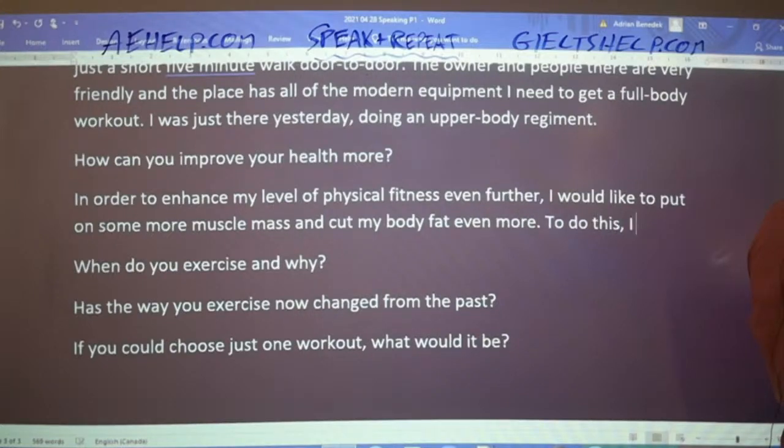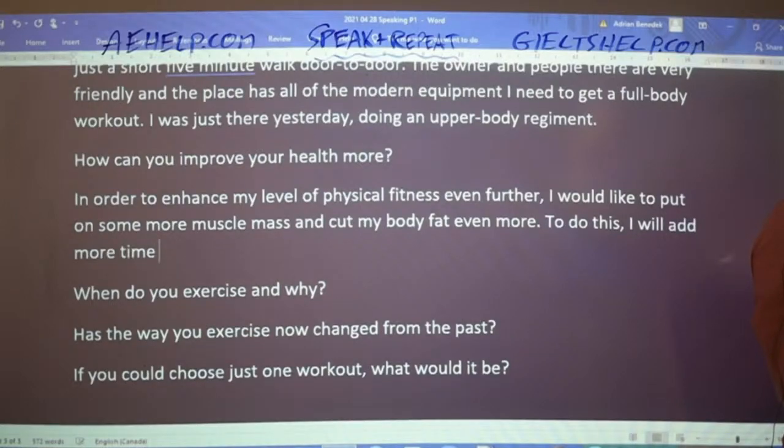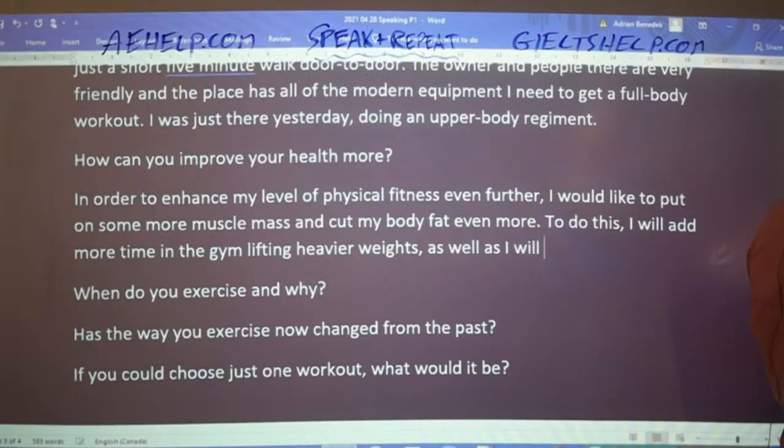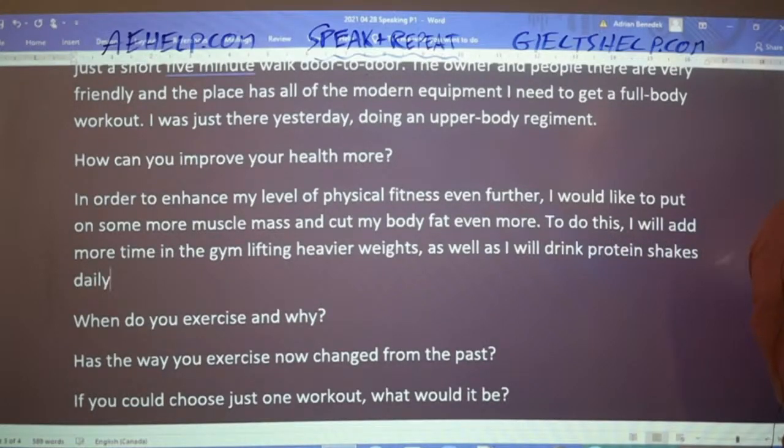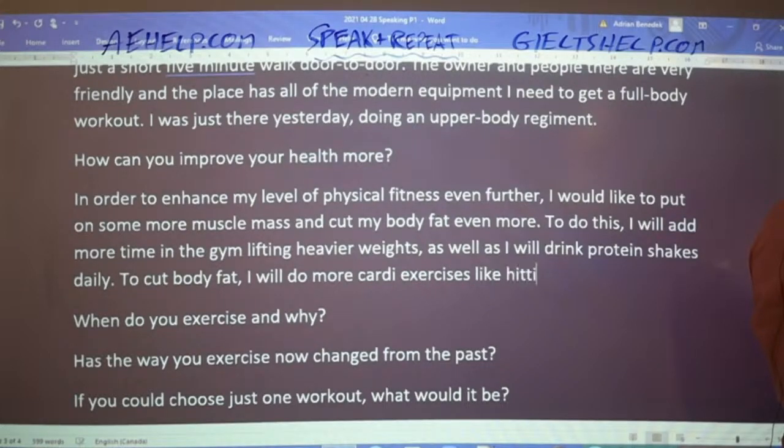To do this, I will add more time in the gym, lifting heavier weights, as well as I will drink protein shakes daily, and to cut body fat, I will do more cardio exercises like hitting the treadmill or the rowing machine.